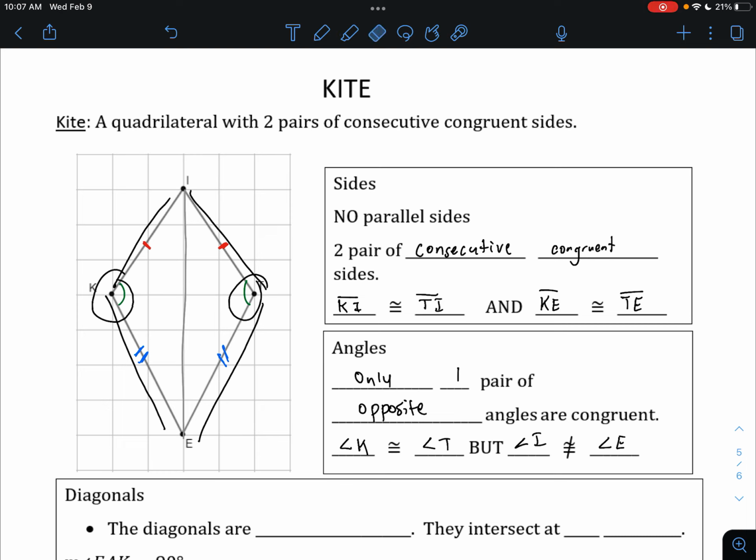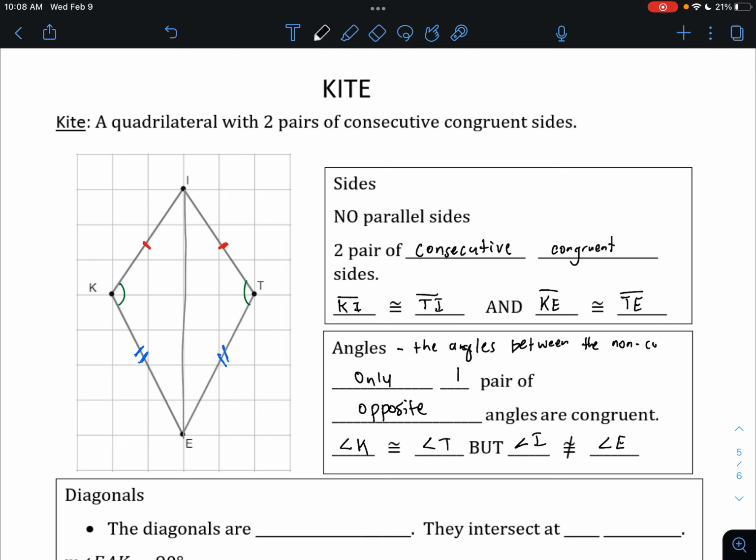So I'm going to write that down a little bit more formally, but just know that this is what that means. That the angles between the non-congruent sides, that just means that they are different, they're different lengths.